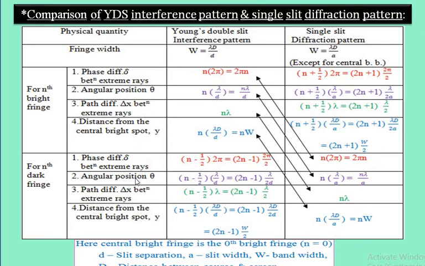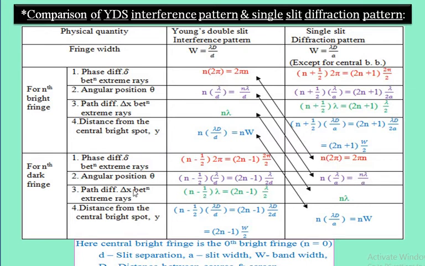The angular position theta. In case of interference pattern, the formula is n minus 1 half in second bracket lambda divided by small d, which is equal to 2n minus 1 into lambda upon 2d. And for the diffraction pattern, the formula written here is n in bracket lambda divided by small a, which is equal to n lambda upon a.